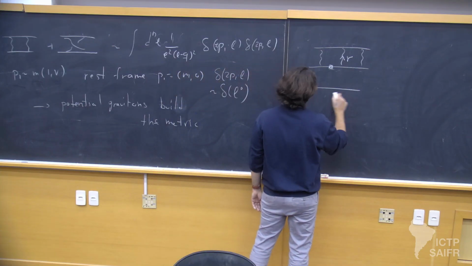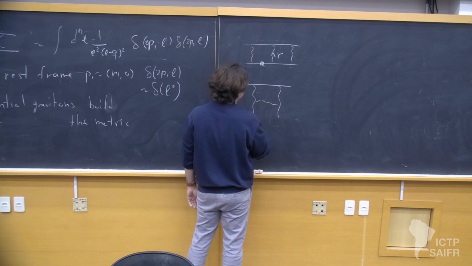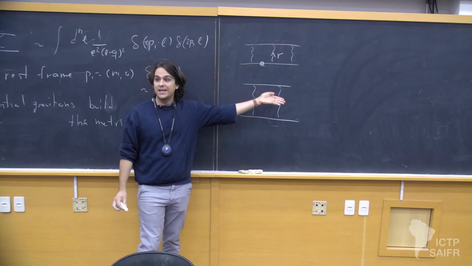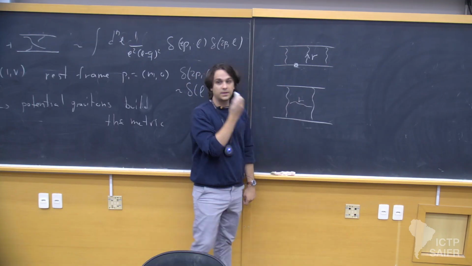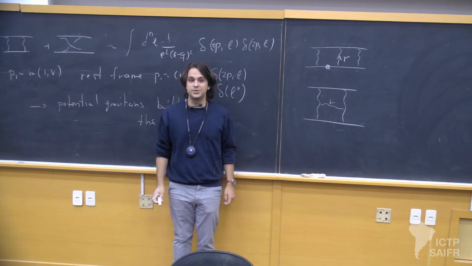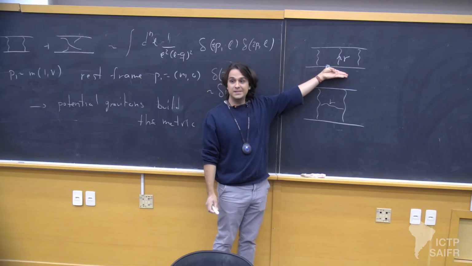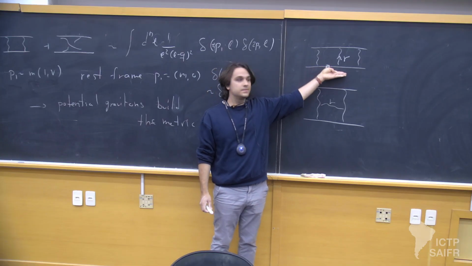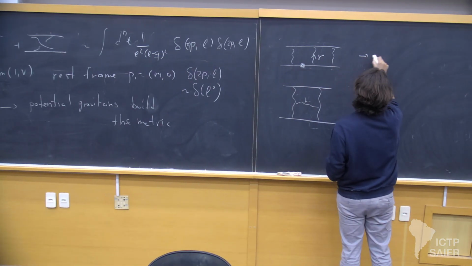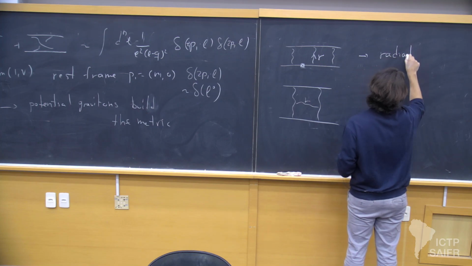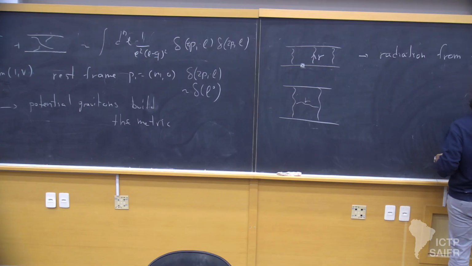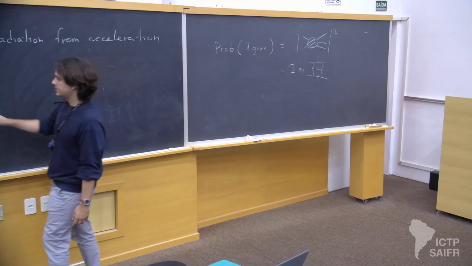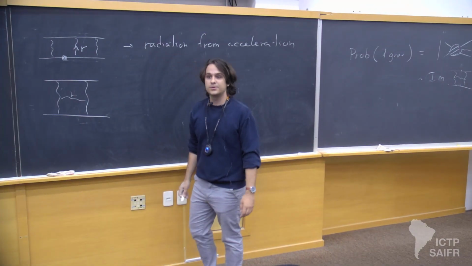And another example is something like this. So if you have gravitons which are attached to other gravitons, right, this can be radiation. And this comes from nonlinearities in GR. Okay, so this is the kind of radiation that you would find in electromagnetism, from acceleration, and this one you wouldn't find in electromagnetism because there are no nonlinearities.